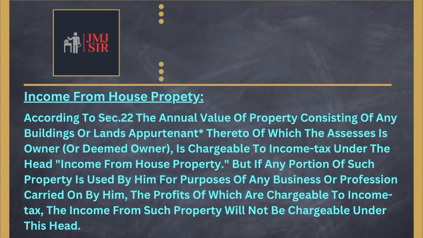But if any portion of such property is used by him for the purpose of any business or profession carried on by him, the profit of which is chargeable to income tax, then in such a case the income from such property will not be chargeable under the head income from house property.